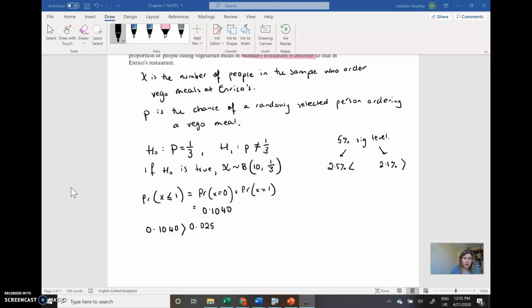So therefore, as it is greater than 0.025, there is insufficient evidence to reject the null hypothesis.